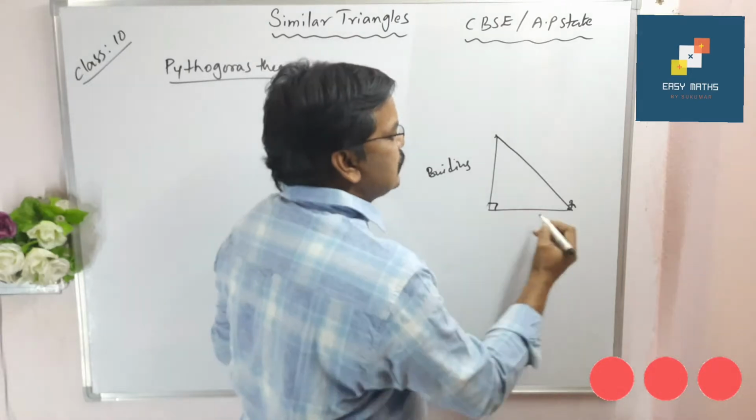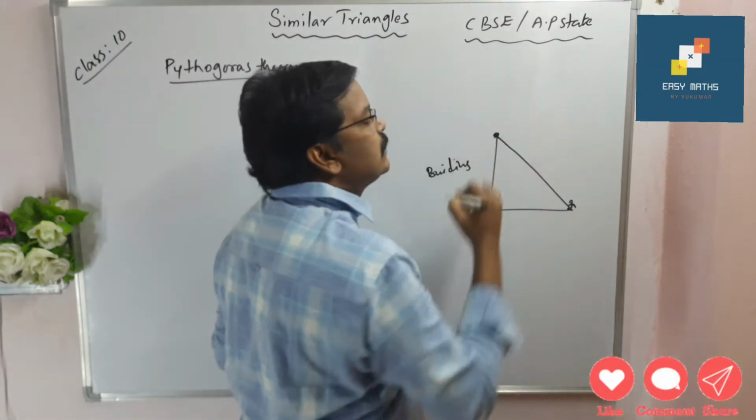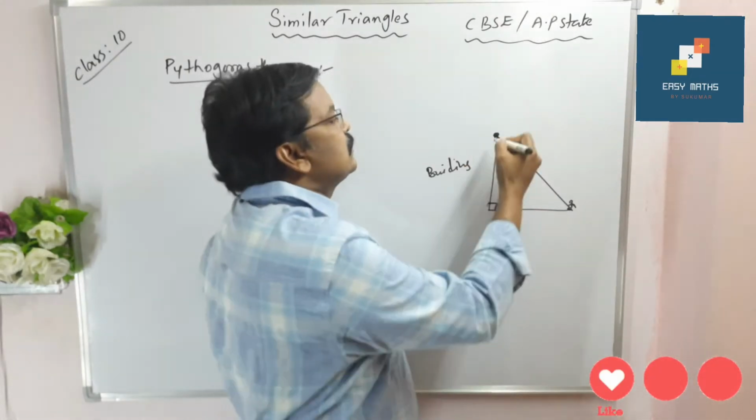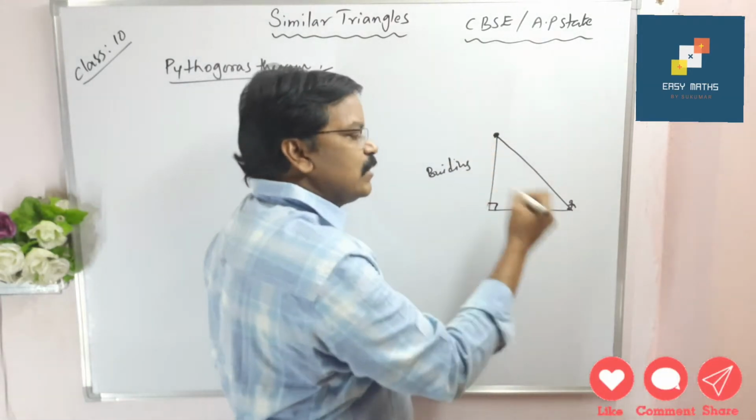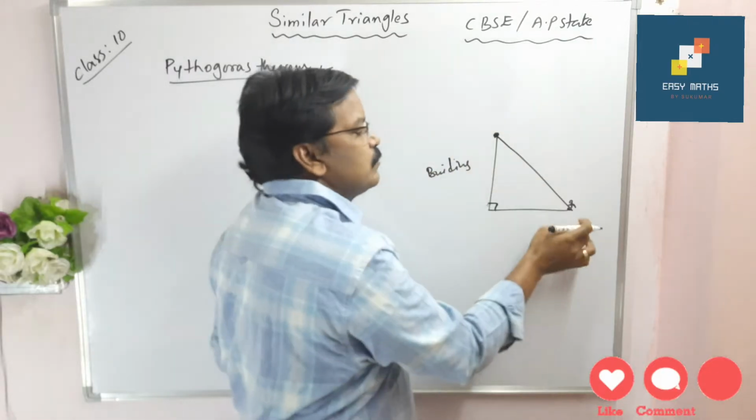See, my dear students, here you are observing the top of the building. Or just imagine one boy is sitting here and you are observing your friend from here to here.